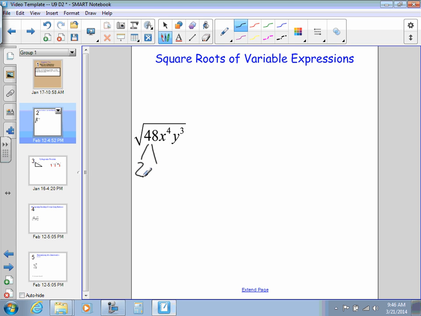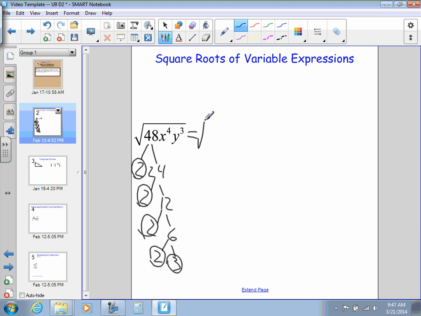And we've got 2 times 24. 12. Circle primes. Okay, so now let's write out what we've got here. We have the square root of, and I'll finish that in a minute.